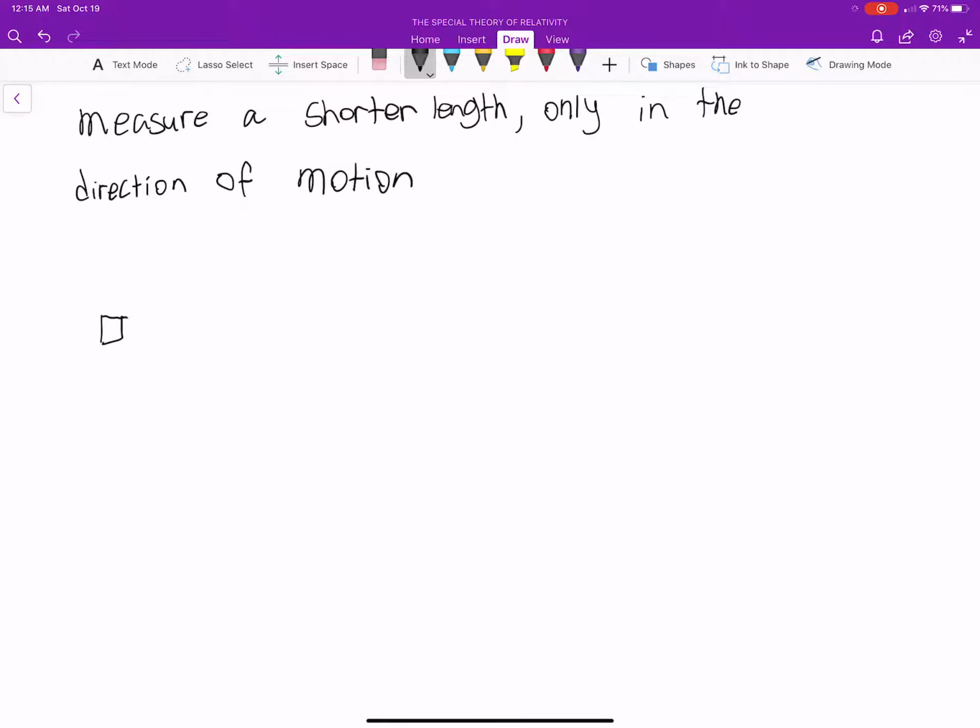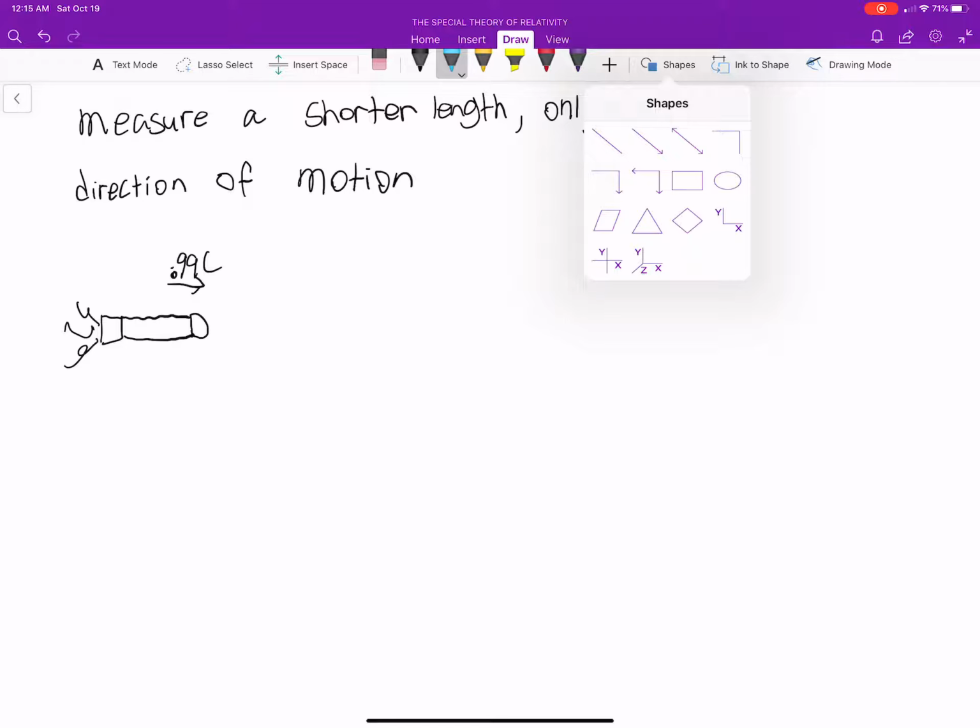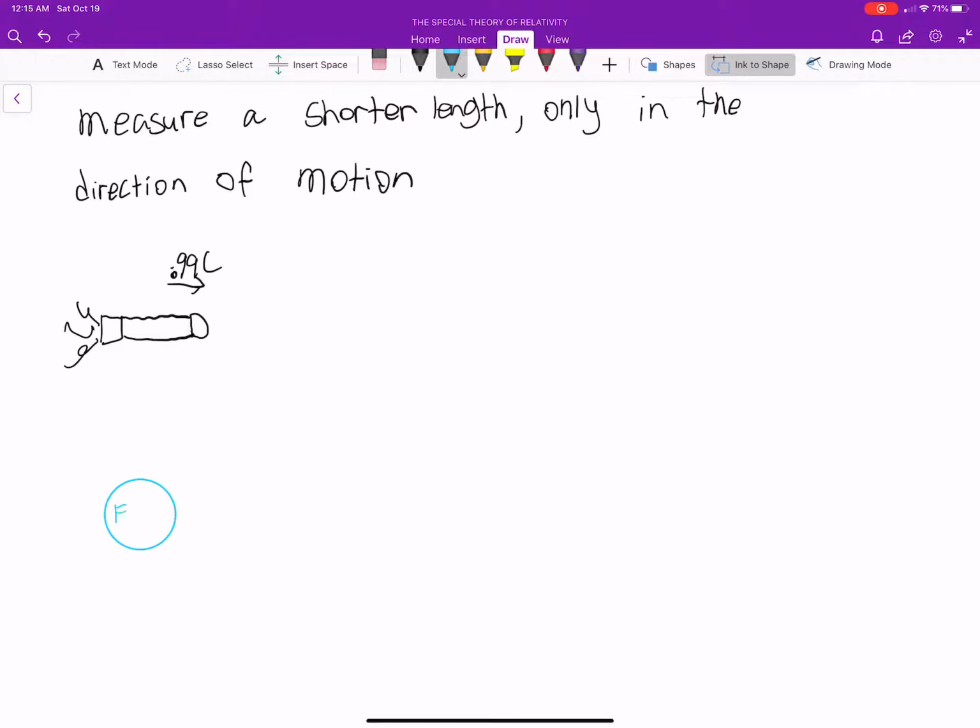Let's say we have this kind of rocket ship. Now let's say it's going 99% the speed of light. And then in blue, this is Earth.